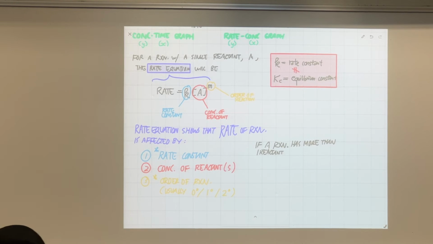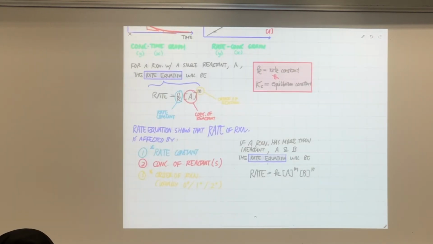Let's say A and B. Then the rate equation will become rate equals K [A] to the power of m, [B] to the power of n. So if you have two reactants, then there will be two terms, not just one term. If there are three reactants, then you will add another reactant C here, raised to another power o.